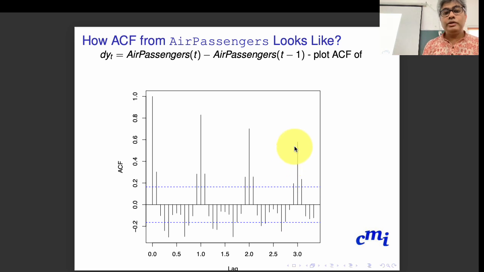Yeah, Bhumika. Very good question. So, what do you think? The question is whether it is identifying the periodicity of the original series, or the periodicity in the consecutive change in the passenger pattern.